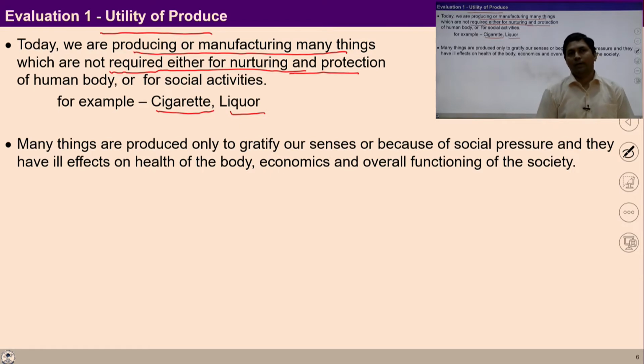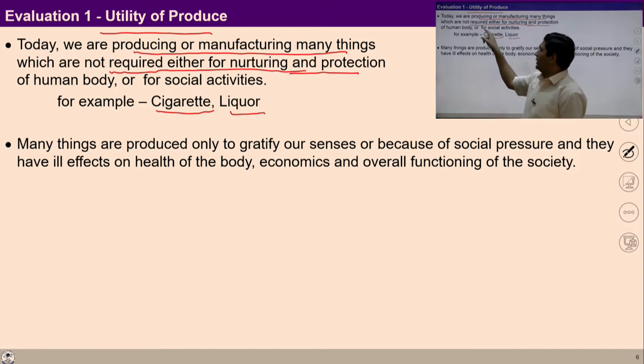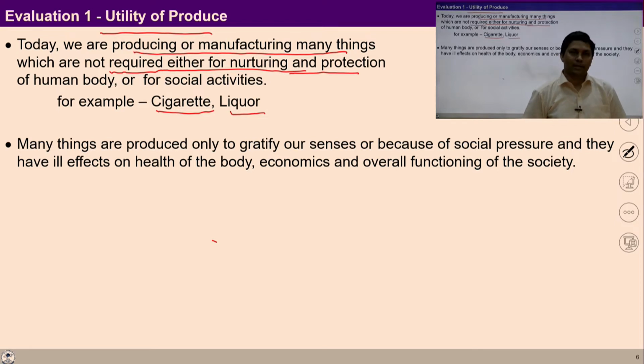This question we have to ask ourselves. So the first criterion to evaluate our production is the utility of the produce. If a physical facility doesn't have any utility in the context of human beings, nature, or society, then why are we producing those things?